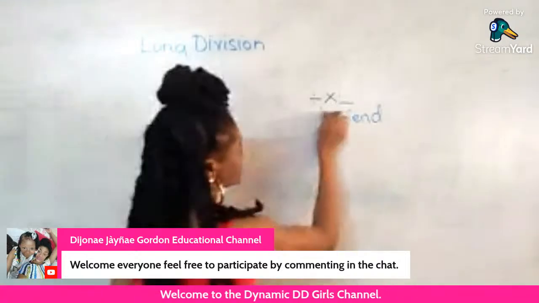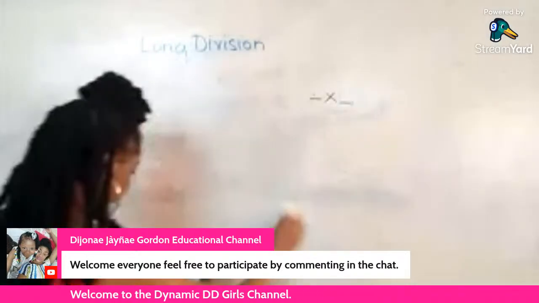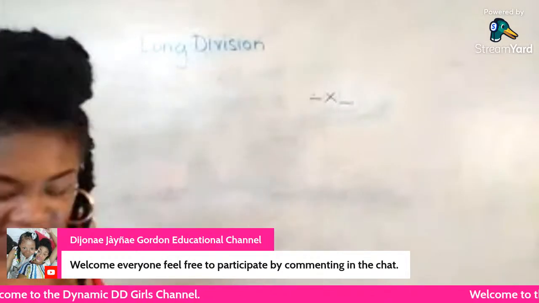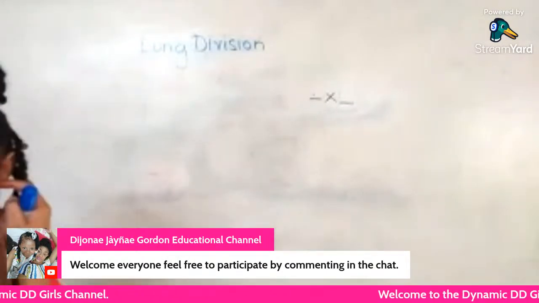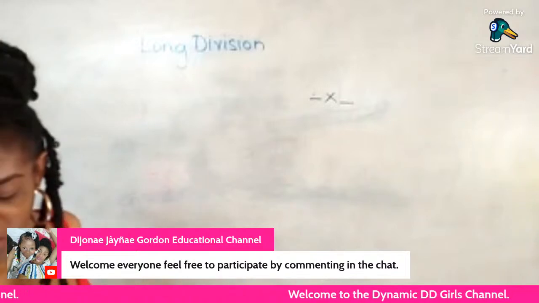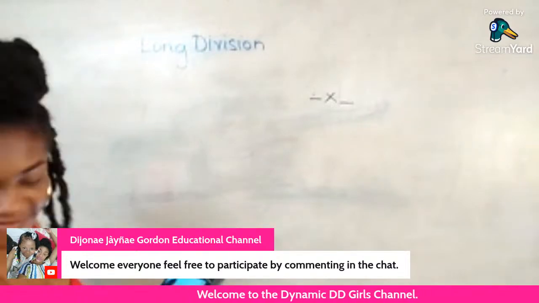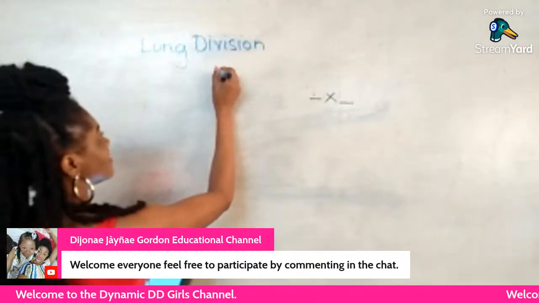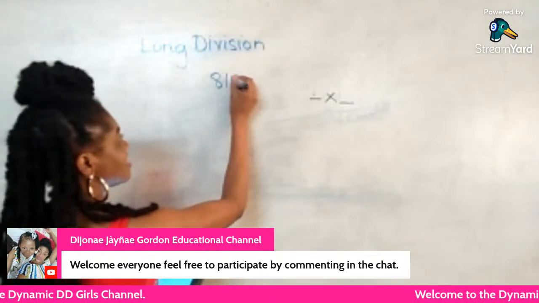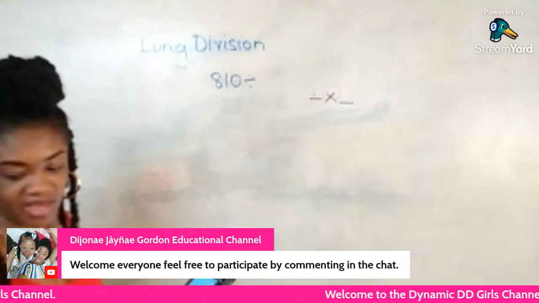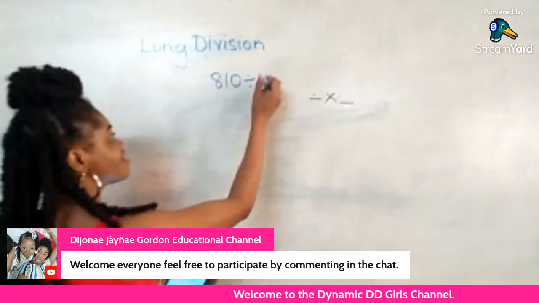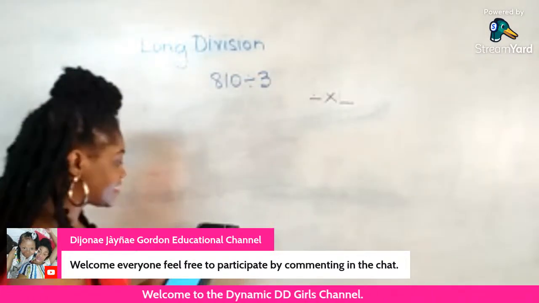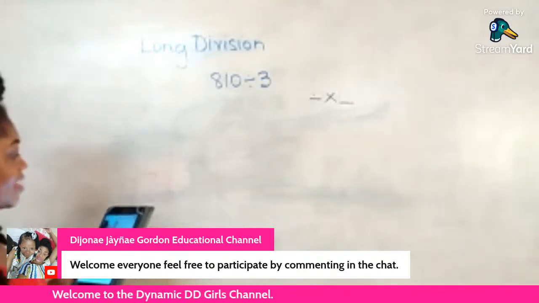So for the persons who are just coming on in, we are doing long division. All right, so let's do this one now. So we have 810, and of course, we are dividing by 3.